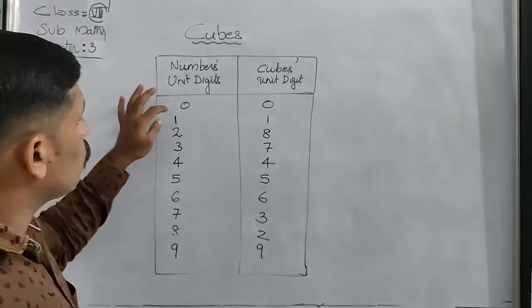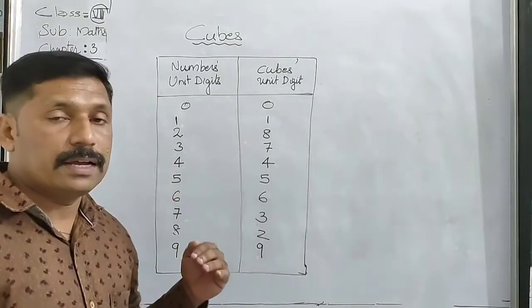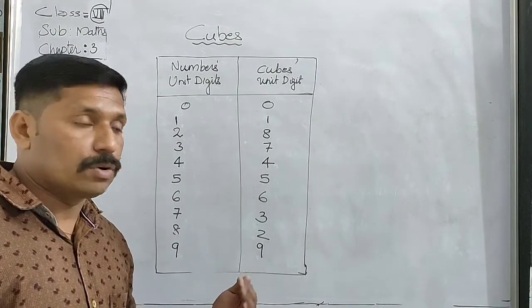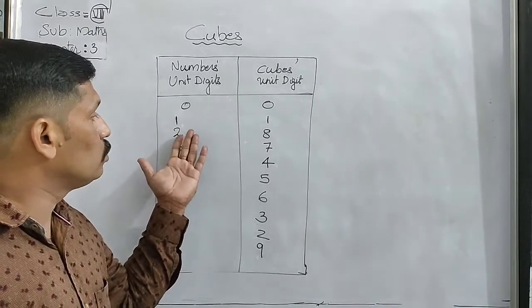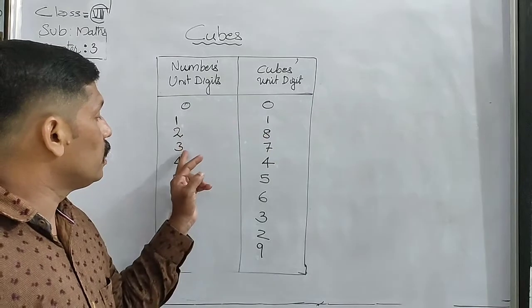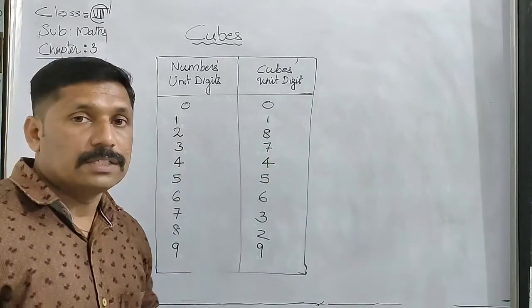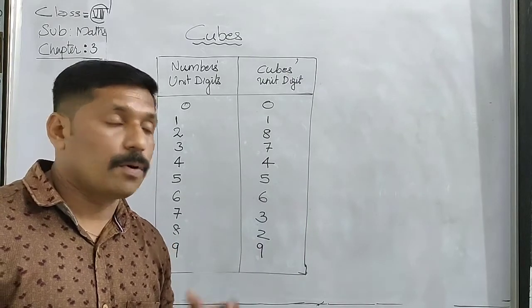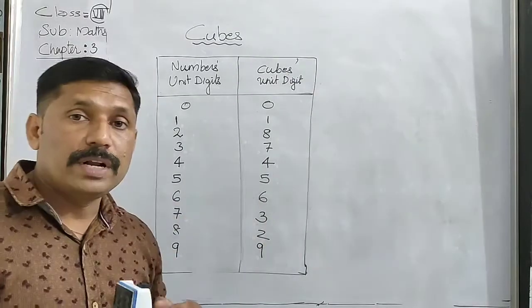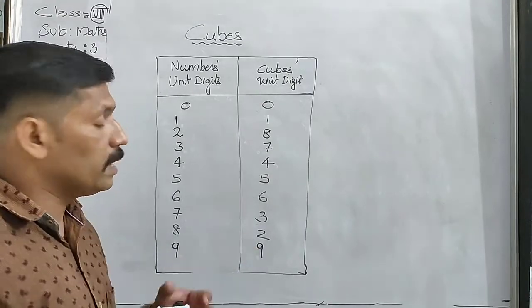So the numbers 0, 1, 4, 5, 6 and 9 end with the same digits only, and the difference is only for 2 and 8. If a number ends in 2, then cube ends in 8, and if a number ends in 3, its cube ends in 7. So these are the properties relating to the unit digit of a number and unit digit of a cube number.